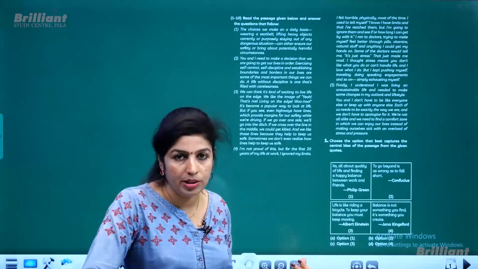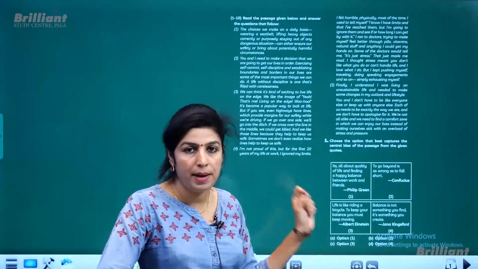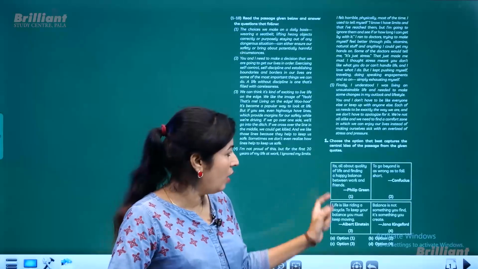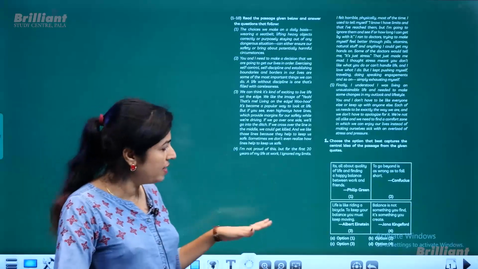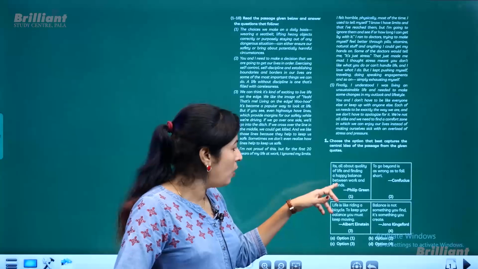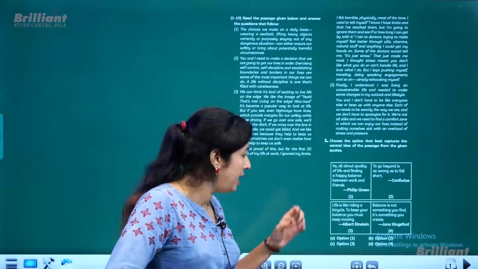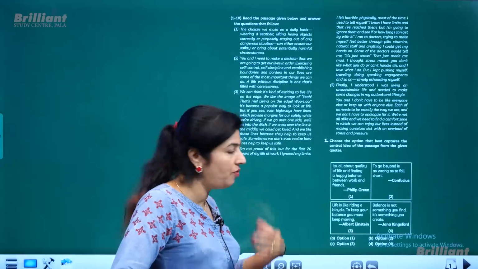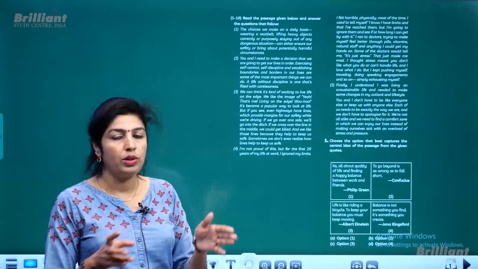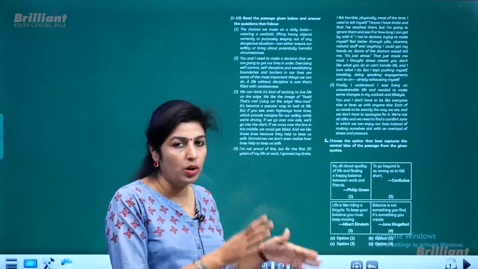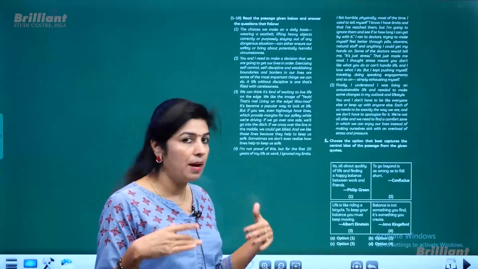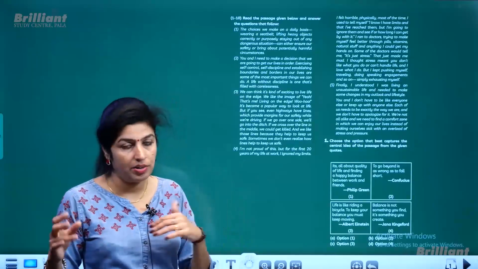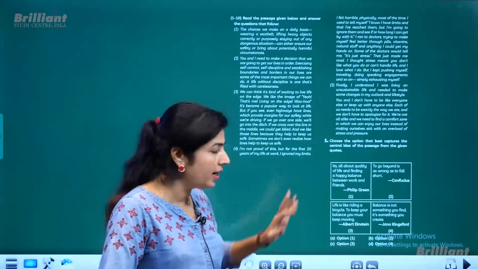Out of these 4 options, which quotation best suits the central idea? The first option is about quality of life and finding a happy balance between work and friends. It's not just about a particular factor like work or friends alone. It's about finding balance or happiness in life in general.